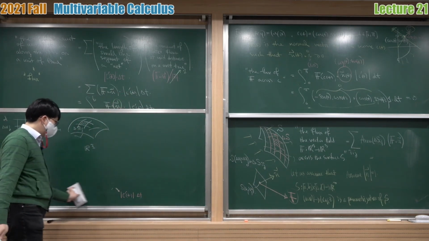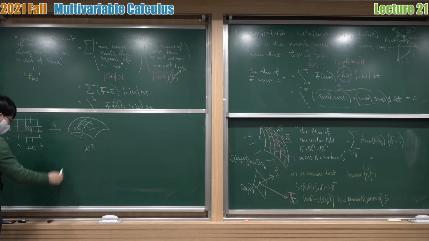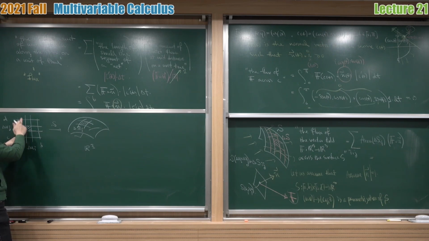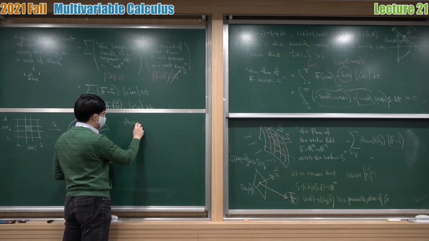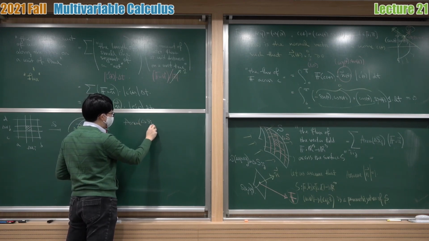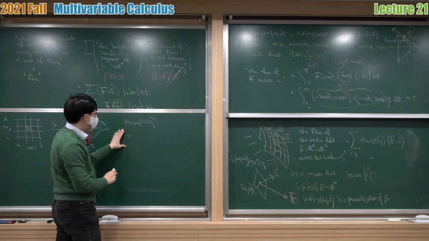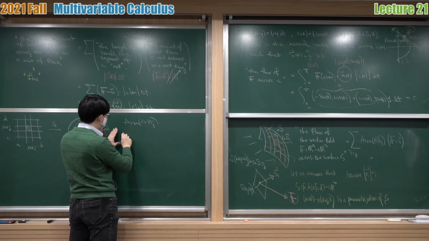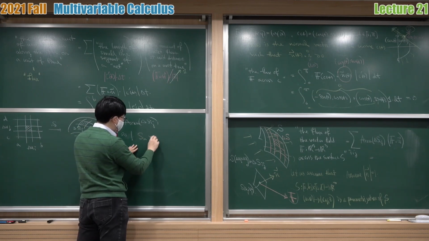And those two vectors are given by the vectors corresponding to the u directional vector and v directional vector. Okay, so for the area, you can look up the previous lecture if you forgot how we did it. It is approximately equal to the norm of Su cross Sv.